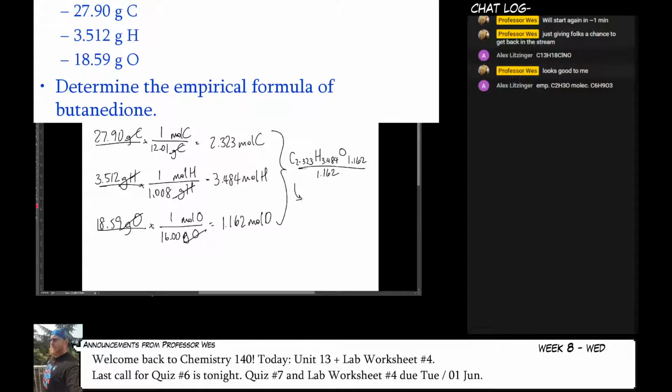And when I do that, I get C2H3O. So there's the empirical formula.